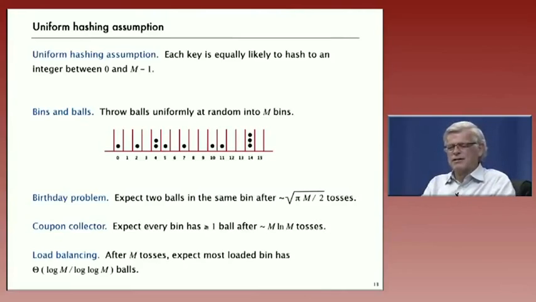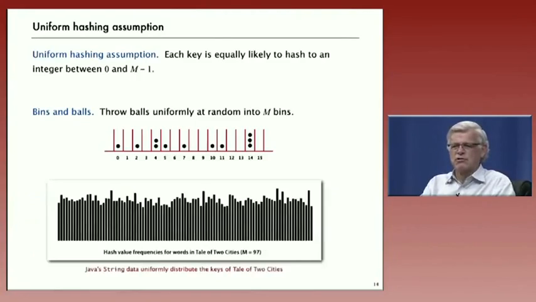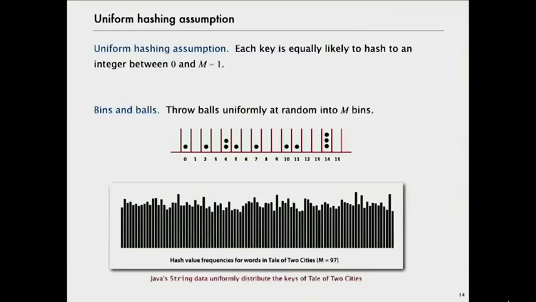So that's going to help us get a handle on the performance of hashing algorithms when we get to the implementations. So this is just an example showing all the words in A Tale of Two Cities using the modular hashing function for strings, like the one that Java uses, and they're pretty uniformly distributed. That's the summary for hash functions.